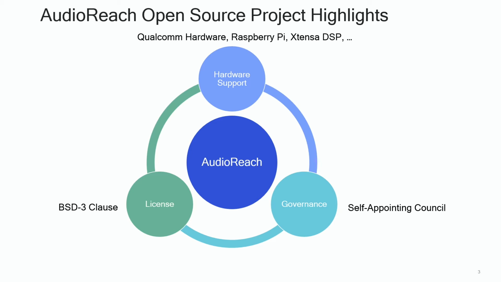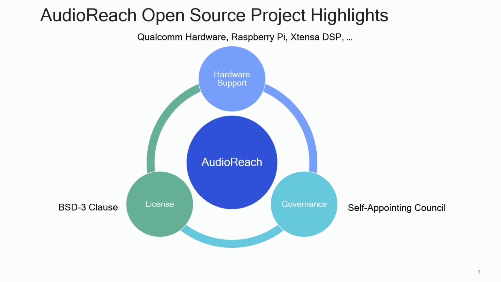And later on, we'd like to enable non-Qualcomm hardware with Xtensa HiFi DSP on particular SoCs. Just to note, in the past 2 days, we actually got AudioReach running on Raspberry Pi. I'm hoping to set this up in tomorrow's demos. So this is a great testament that we don't just want to support AudioReach on Qualcomm hardware.